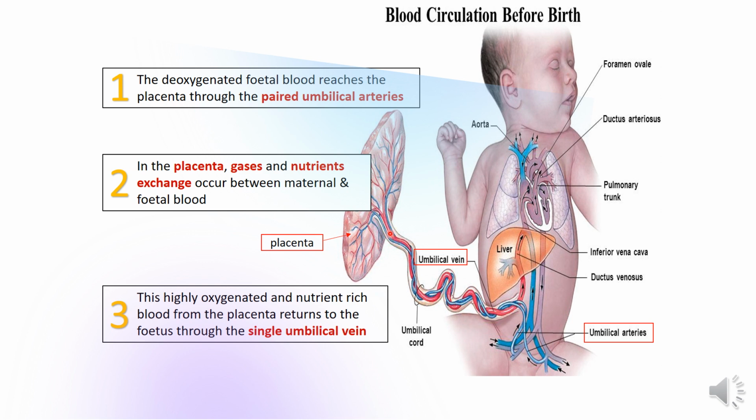So remember, it is totally different from postnatal life, where the vein carries high oxygen blood in fetus, while in postnatal the vein carries deoxygenated blood. It is actually the other way around in fetus, specifically in terms of the umbilical vein and umbilical arteries.